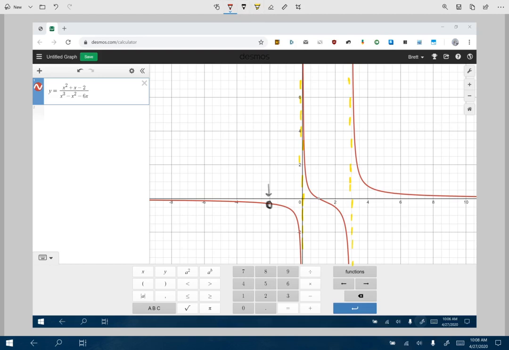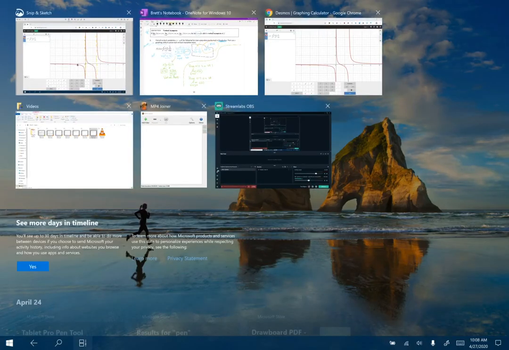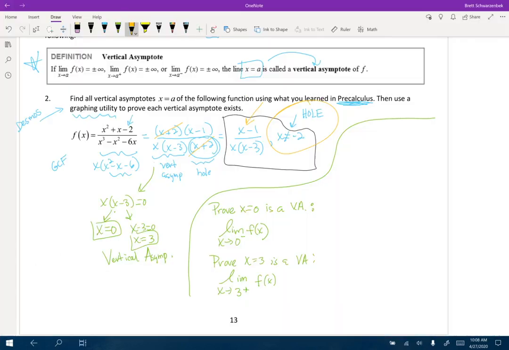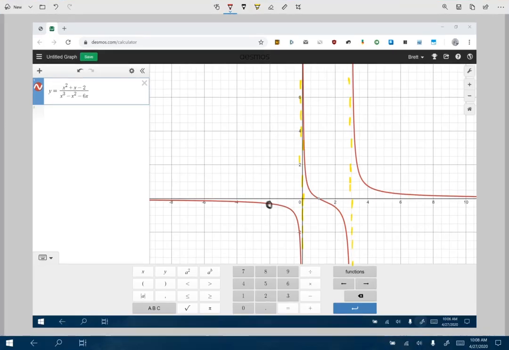So what we want to do, basically, is look at this and go, all right, let's prove, going back to our problem, that x equals 0 is a vertical asymptote. We want to prove, using our picture, the limit as x approaches 0 from the left of the function. If we go to the left, 0 is here, so we're going along this line right here.